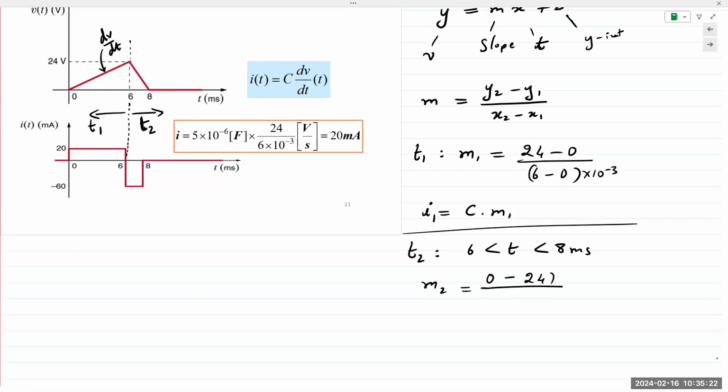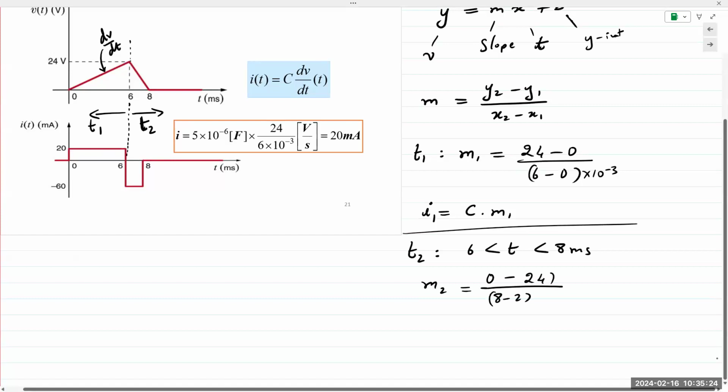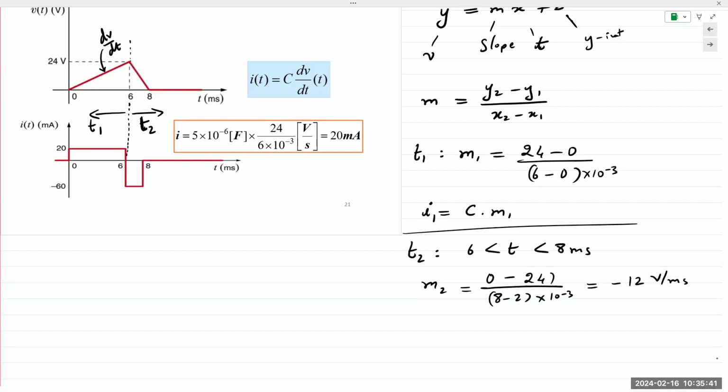So it'd be 0 minus 24 over 8 minus 6 times 10 raised to minus 3. So this is minus 12 volts per millisecond, or 12,000 volts per second. For the second term, you would have 8 minus 2, right? Oh yeah, 8 minus 6, sorry. 8 minus 6 gives me 2. Should take my own advice and pay attention to details.